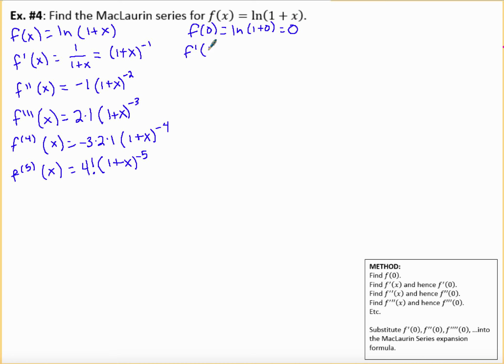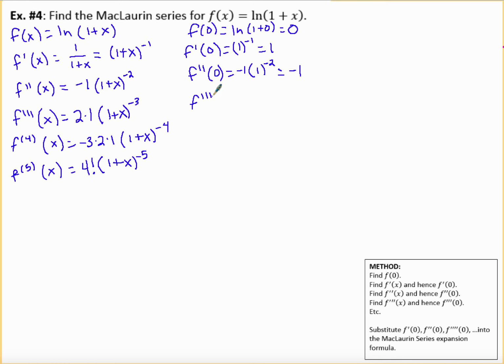All right, the first derivative at 0, that's going to be, well, 1 plus 0 is 1, to the negative 1 power is 1. Second derivative at 0, that was negative 1 on the outside times (1 + 0), which is 1, to the negative 2 power. So I'm just substituting a 0 into that second derivative and simplifying. 1 to the negative 2 power is still 1, and 1 times negative 1 is negative 1.